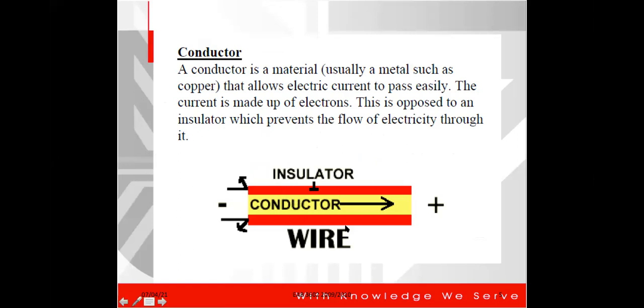A conductor, when in the form of a wire, will have an insulator outside it, and inside is the conductor. The insulator behaves opposite to the conductor. The insulator will prevent the flow of electricity, while the function of the conductor is to allow the electrons to move inside the circuit, from the negative to the positive terminal.